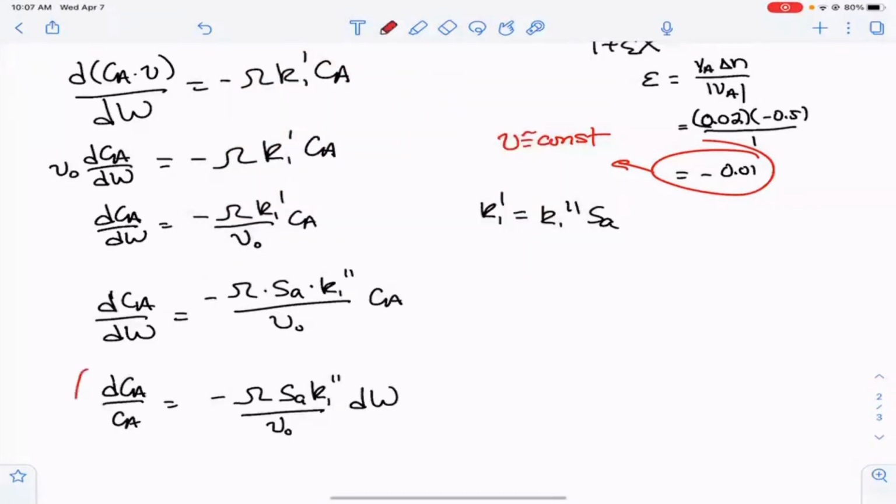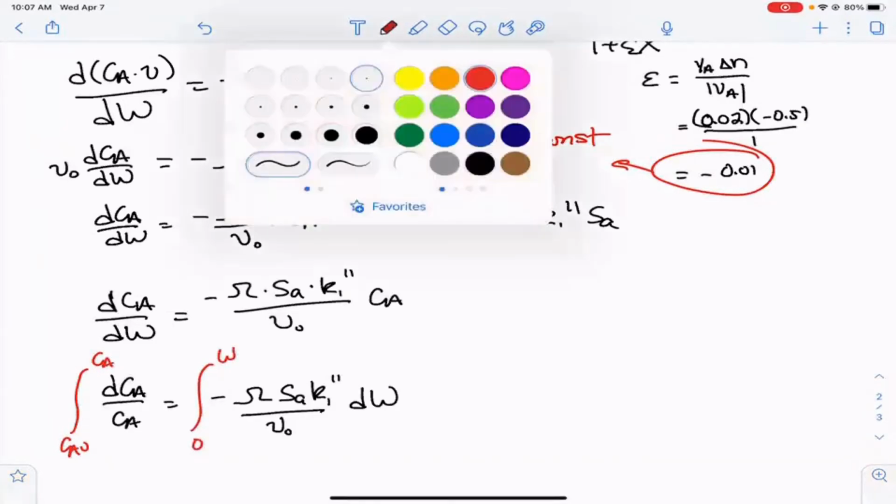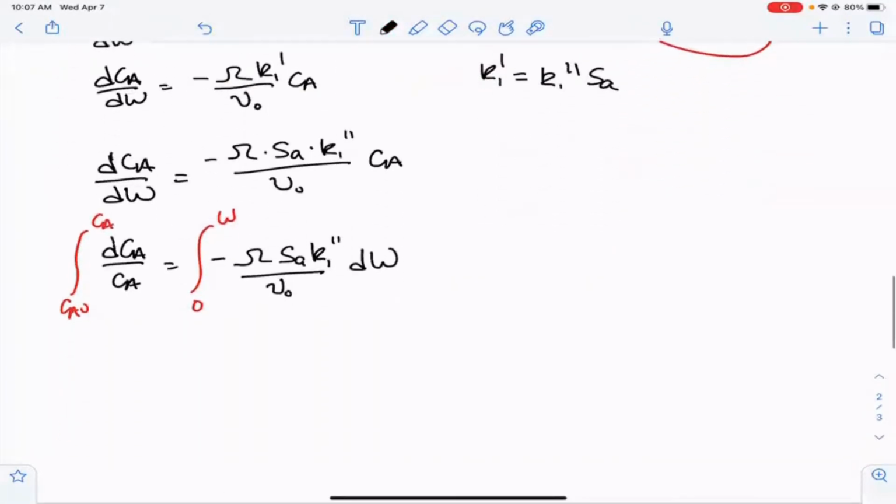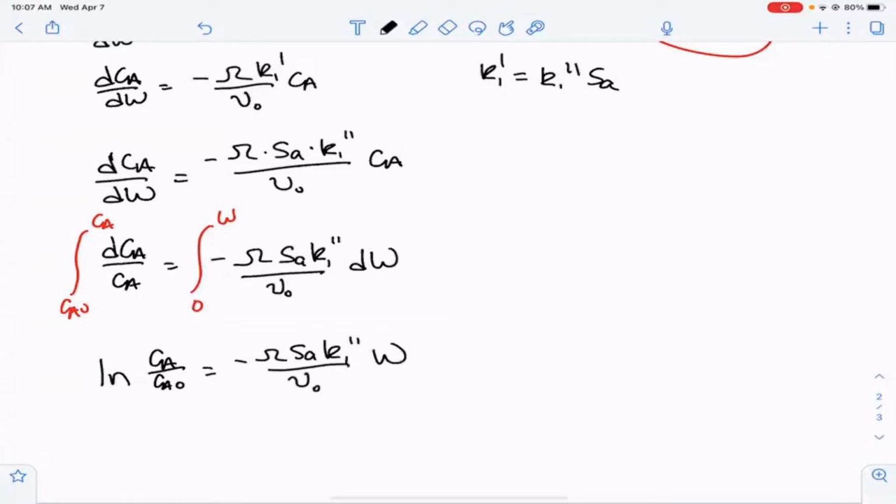And we're going to integrate that from CA0 to CA, and from 0 to W. And when we do that, we know that the left-hand side, because we've done this several times before, is just the natural log of CA over CA0, and that equals minus the overall effectiveness factor times SA times K1 double prime over V naught times the weight.